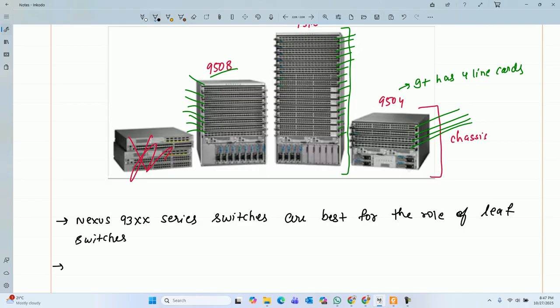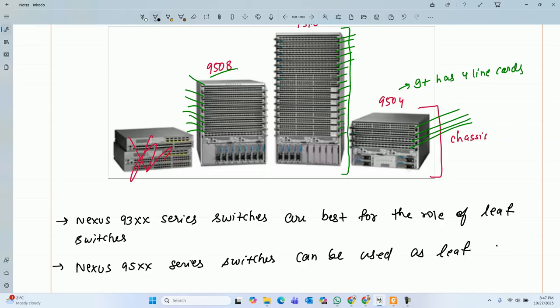Nexus 9500 series, they are more powerful comparatively, right? But there is no such scenario that only Nexus 9500 can be used as spine only. No, you can use them as leaf also. Nexus 9500 series switches can be used as leaf and spine.